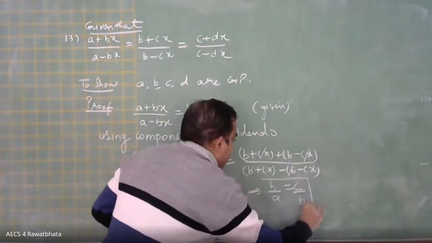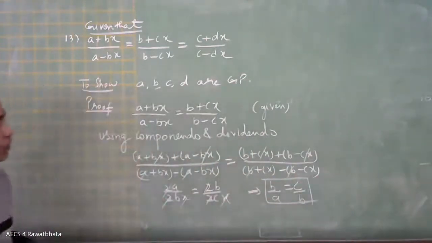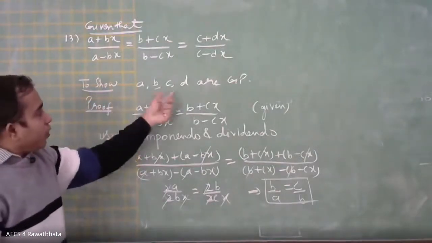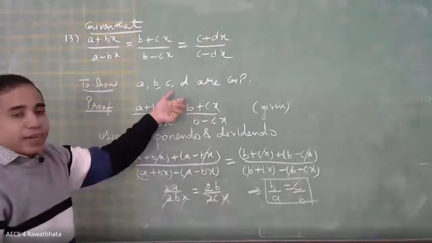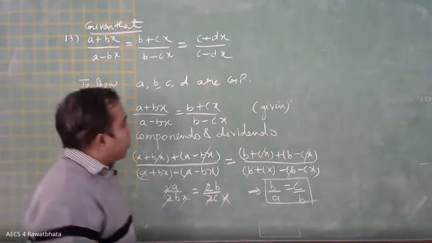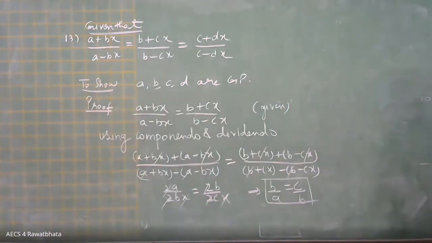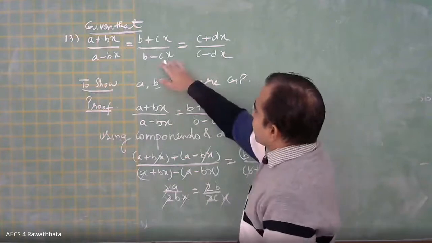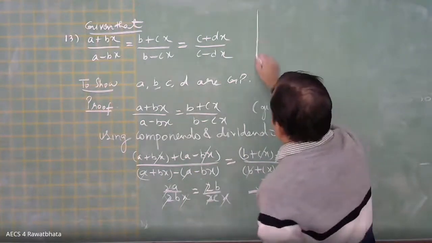I just inverted this ratio from both the sides. So I got b upon a equal to c upon b. Similarly, the C and D ratio also I should bring. I took these first two fractions. Now let us take the second and third fraction and do the same.